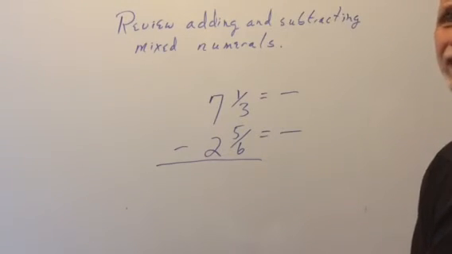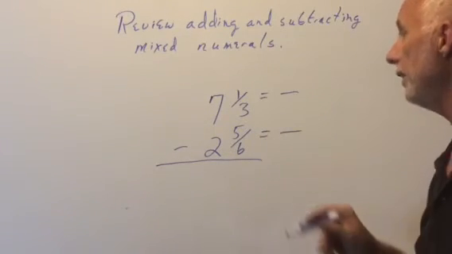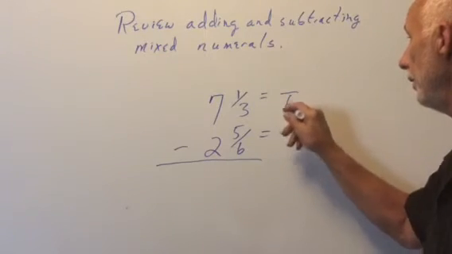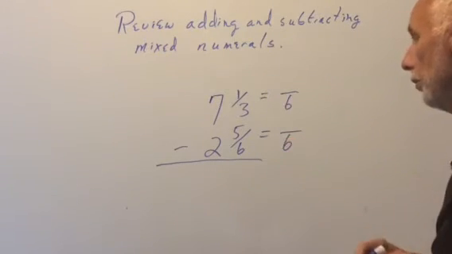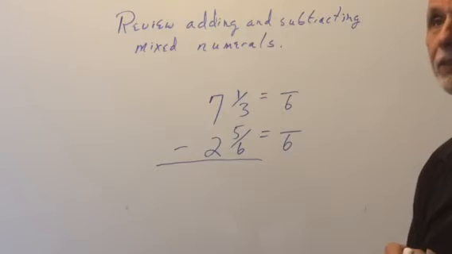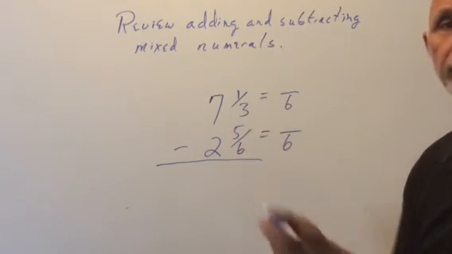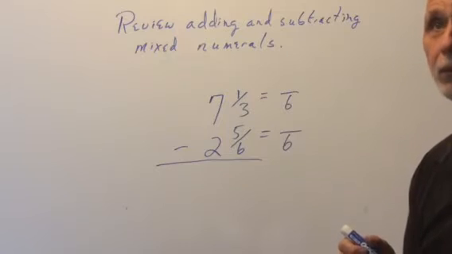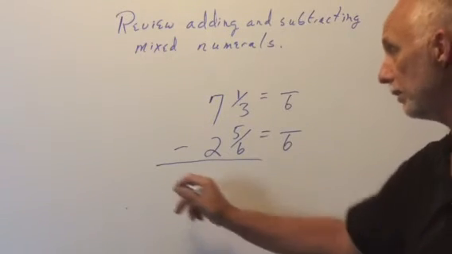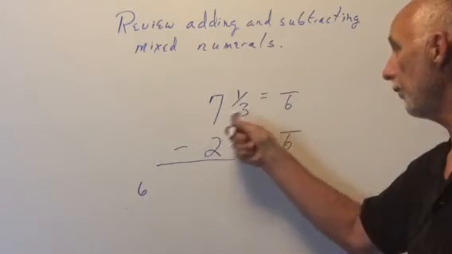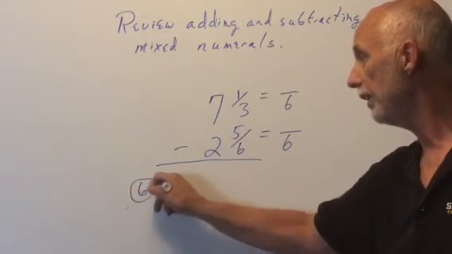That's pretty easy here because 6 is the common denominator, because 3 goes into 6 and so does 6. Now again, if you didn't know that, you could list the 6 times table until you found something that 3 goes into evenly. But that wouldn't take very long because 6 times 1 is 6 and 3 goes into 6 evenly. Ding, ding, ding.